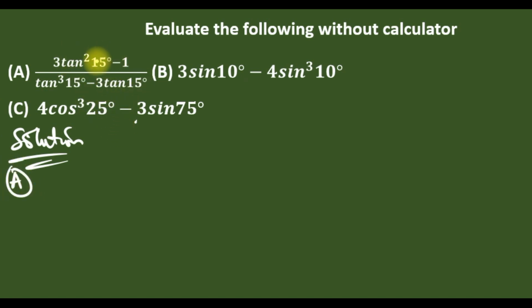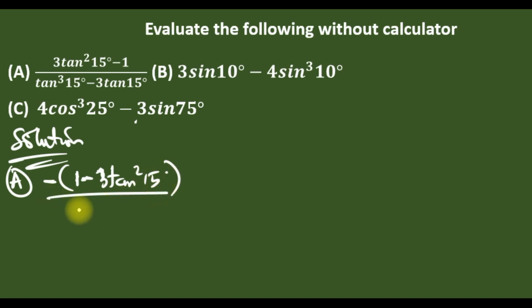The first thing I notice is that I can write this as minus 1 minus 3 tan squared 15 over minus 3 tan 15 minus tan cube 15.